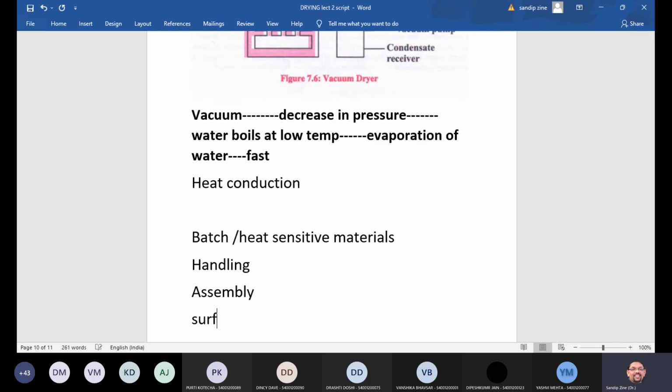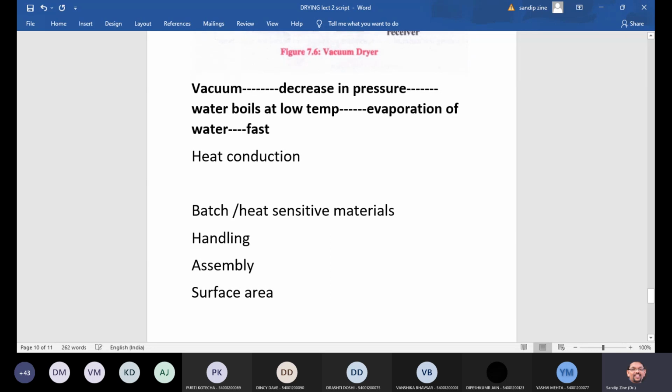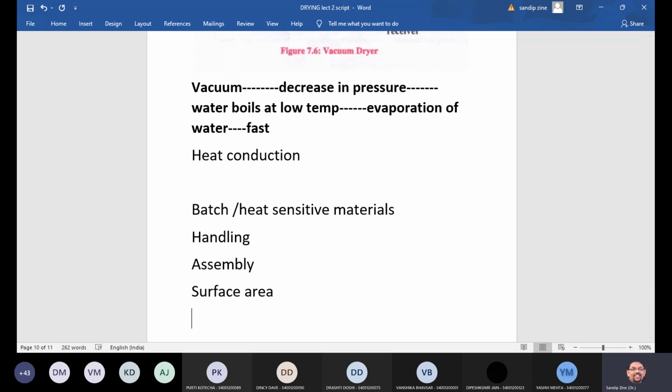The more surface area you give, the better the drying will be, isn't it? So this dryer provides large surface area, and because of this large surface area, heat can be easily transferred throughout the body of the dryer, and fast drying action takes place. That is one of the major advantages. And fourth point, we can mention that hot water can be supplied throughout the dryer, which helps in the drying process at the desired temperature, isn't it?